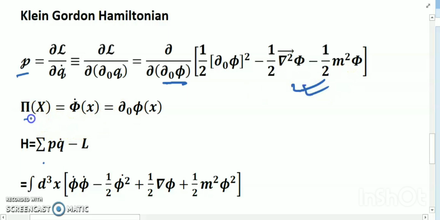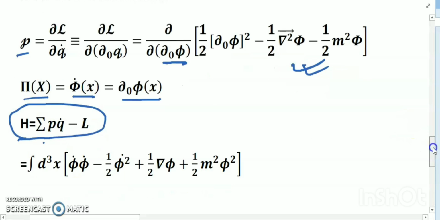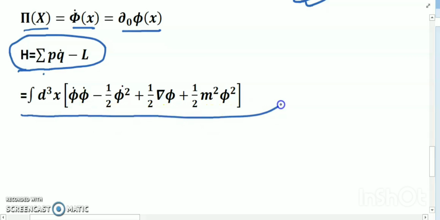And pi of x is equal to phi dot of x, equal to del 0 phi. And we know this formula very well, that H is equal to P Q dot minus L. So when I use that P Q dot, the value comes as the integral d cube x of phi dot and half phi dot square.